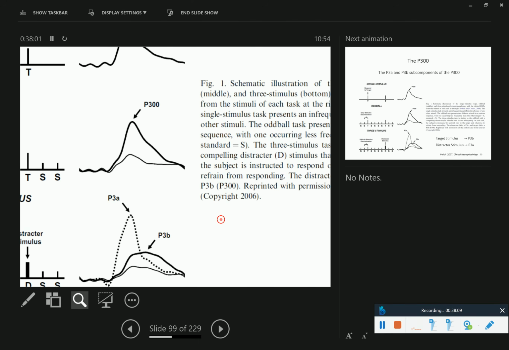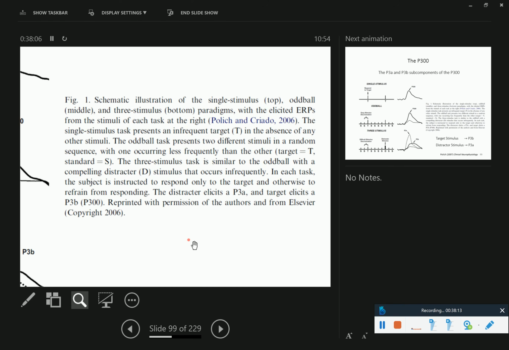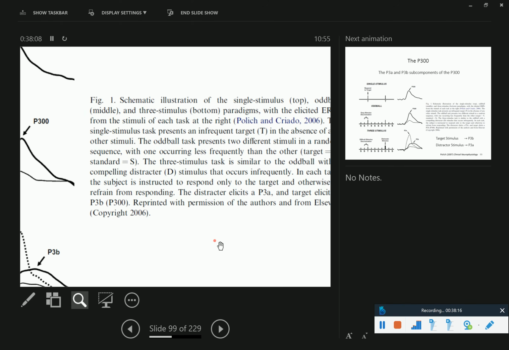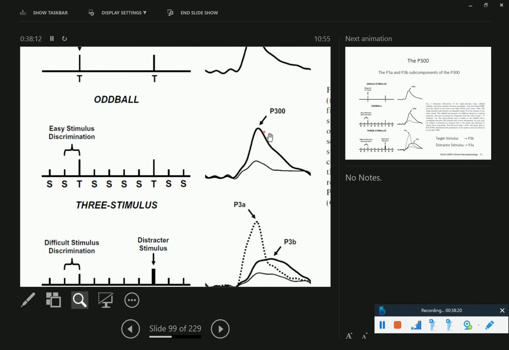So you actually have a motor response going on here, which is the typical thing that is associated with P300, and you have the fact that you're responding to the deviance.